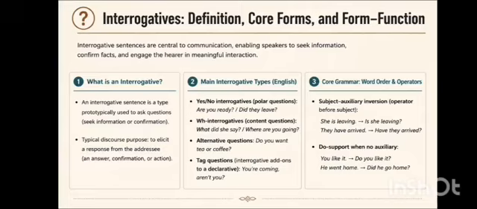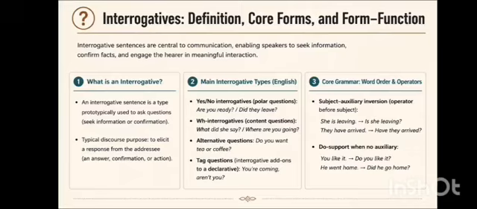Now look at the core grammar section. This section explains the fundamental grammatical rules for forming interrogative sentences. We have subject-auxiliary inversion. This is the primary mechanism for forming yes-no questions and is also used in WH questions after the WH word.